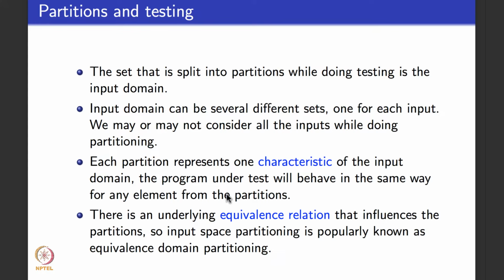So I take an input domain, partition it into several partitions, and pick one value to define my test case from each partition. And the belief is that the program behavior in terms of the expected output that the program is expected to produce will be exactly the same if I pick up any input from each partition. But for inputs across partitions, the program is expected to behave differently because each partition represents a different characteristic.